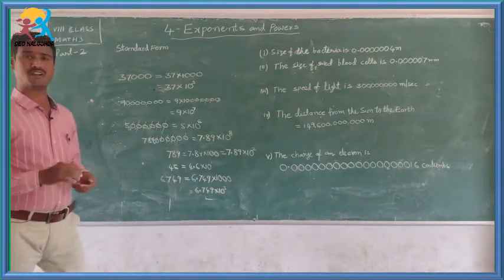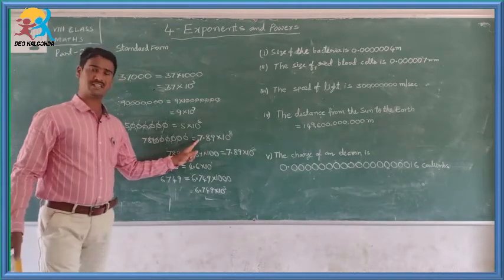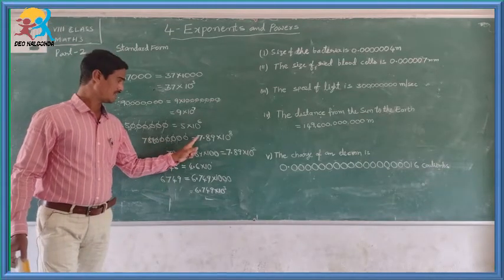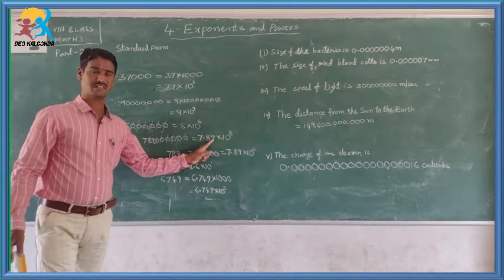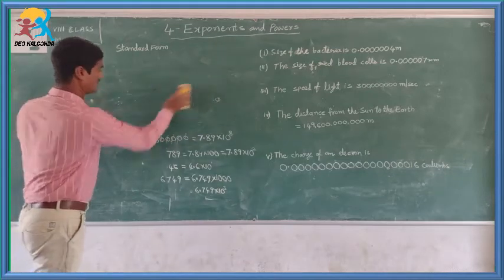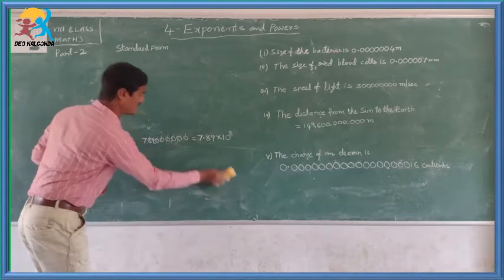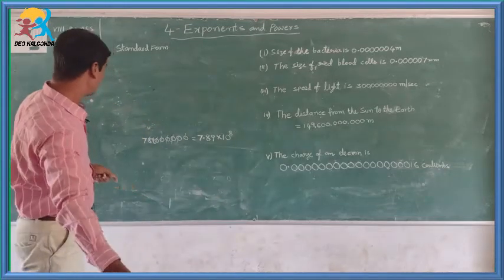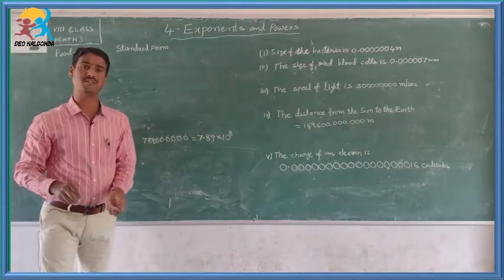When a given large number has one digit in the integral part and the remaining in the decimal part, this form is called the standard form. So the standard form of 789 million is equal to 7.89 into 10 to the power of 8.